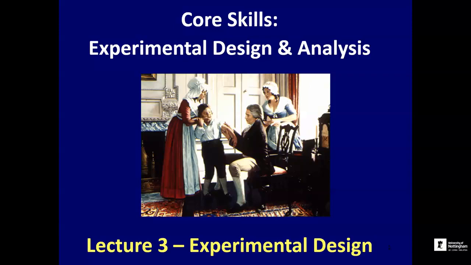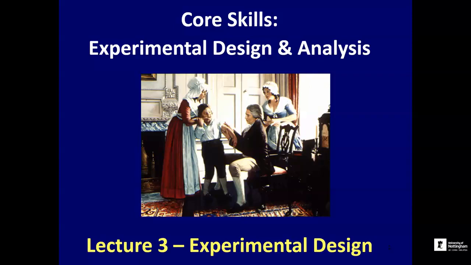A deadly disease, but somehow milkmaids seemed less likely to succumb to it. And Jenner reasoned that this might be because they tended to catch cowpox, a closely related viral disease, from cattle, and that somehow having cowpox might prevent you from getting smallpox.